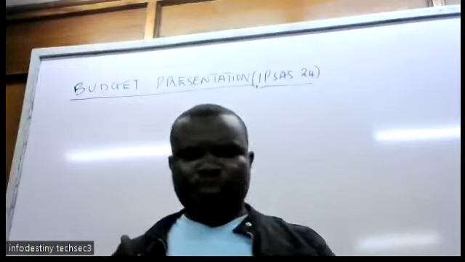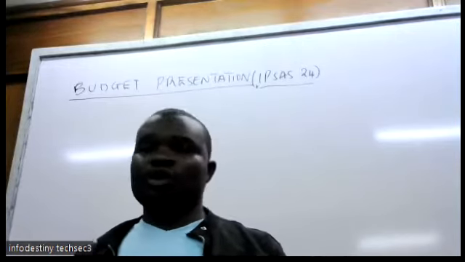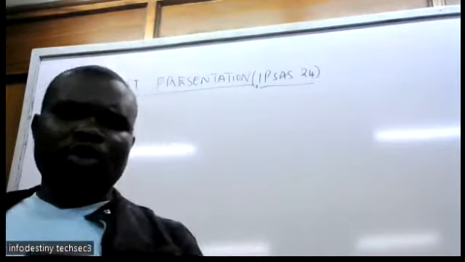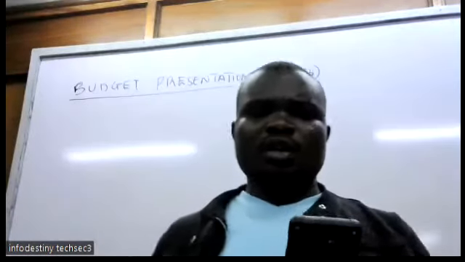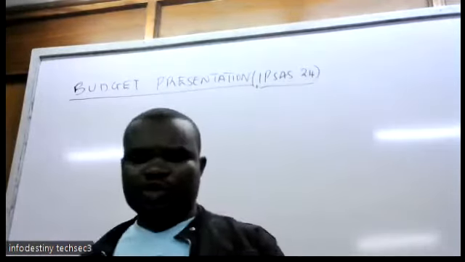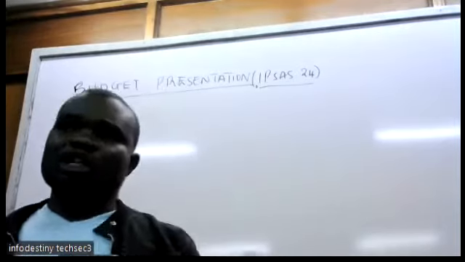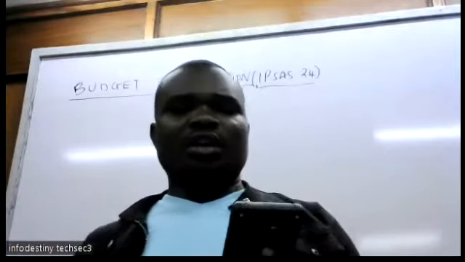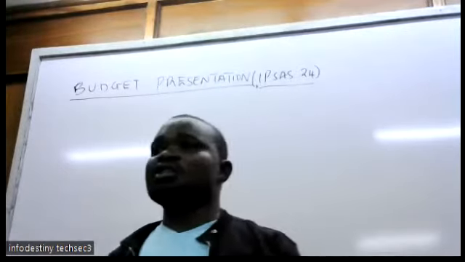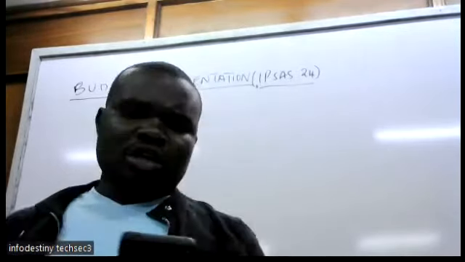Then I want to read the question, then tell you what to do. The following information was compiled by the Ministry of Finance for the fiscal year ended 30th June 2012. You are seeing there receipts, and you're also seeing payments. So there is budget and there is actual.